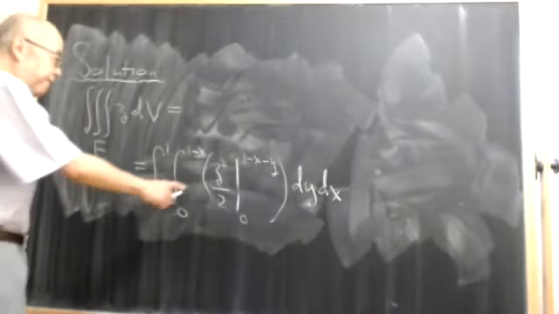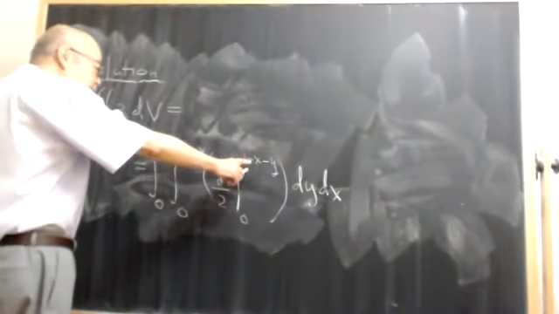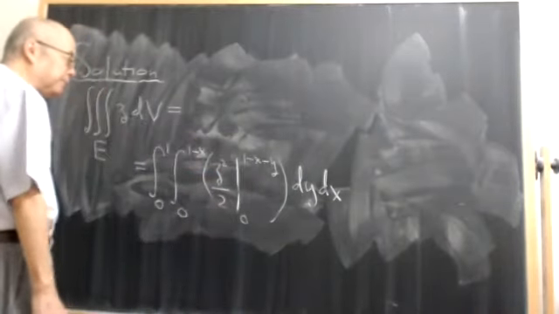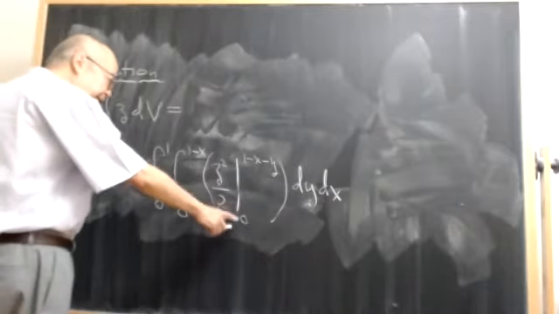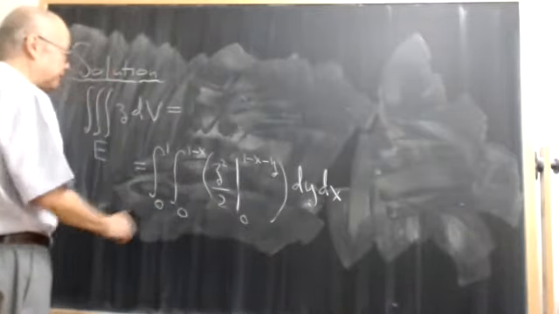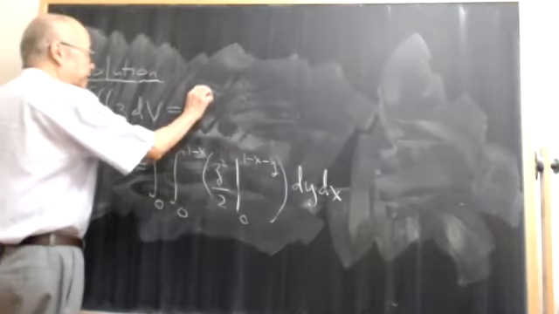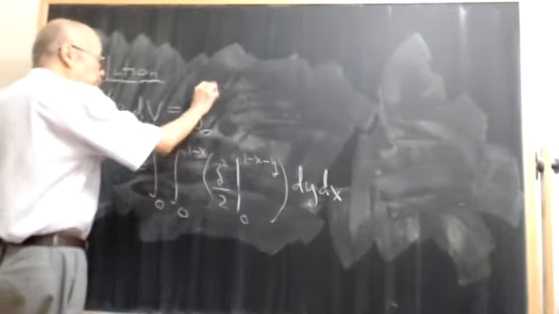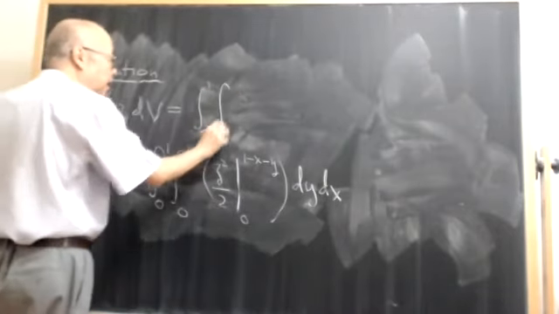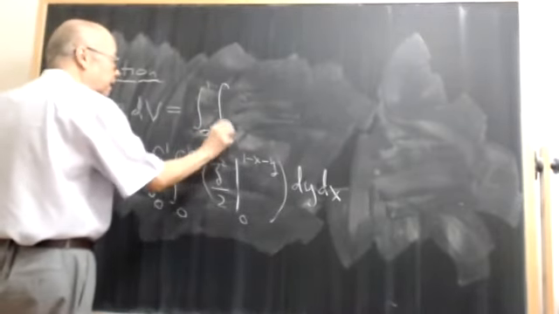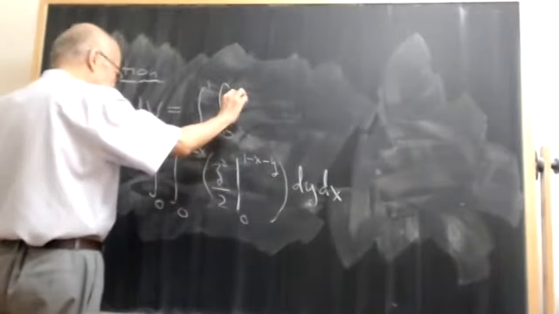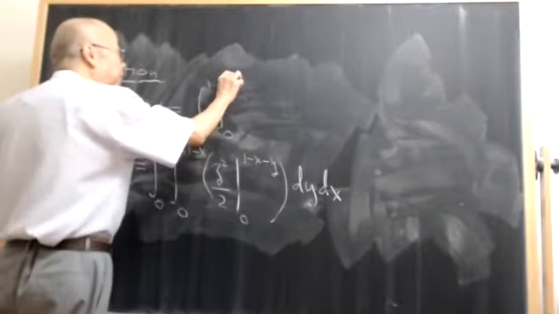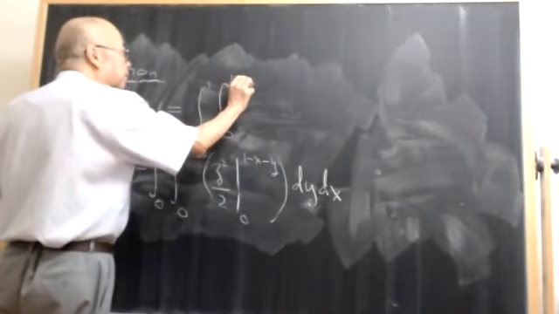Well, we evaluate z at 1 minus x minus y. And then z at 0, and we subtract. So we get the integral from 0 to 1, following the integral from 0 to 1 minus x.